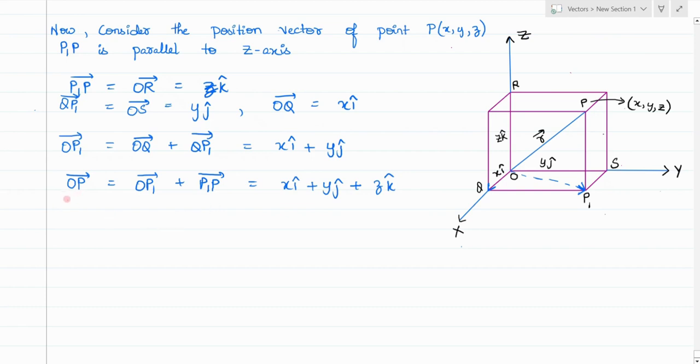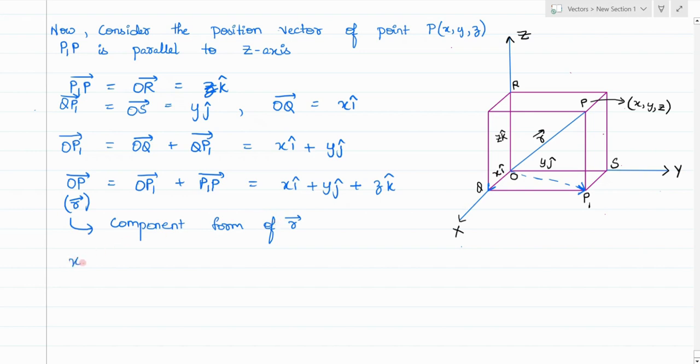Now this OP vector is also the r vector we actually want. So this is called the component form of r vector. So x i cap plus y j cap plus z k cap is called the component form of r vector.